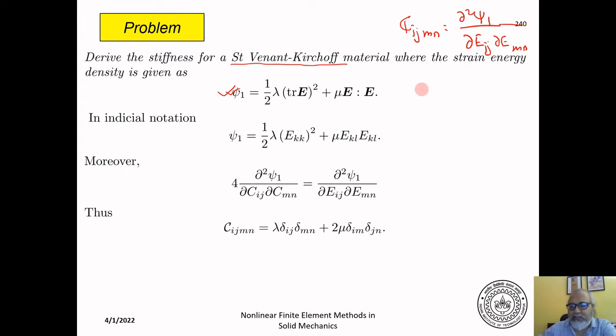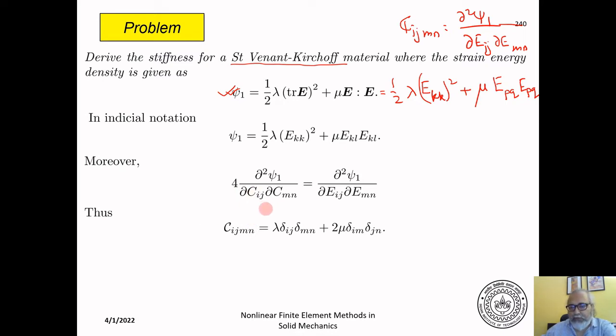So that's my tangent stiffness, and let us write this in terms of index notation. So this will be equal to half lambda Ekk squared, that's trace of E squared, plus mu times Epq Epq, right?